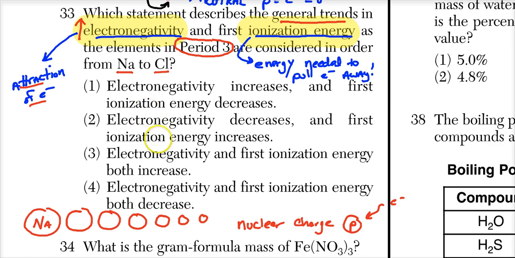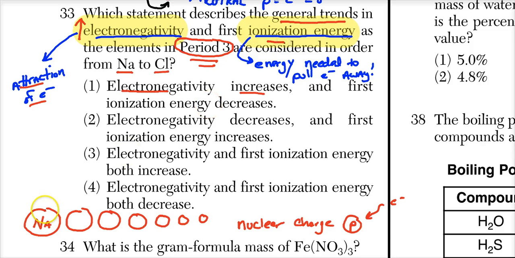Electronegativity has to increase. It's the reason why the atoms get smaller. As you add more protons, it pulls in the electrons. So the electronegativity, or the attraction for electrons, has to increase, okay, as you get smaller or go across the period or a row.